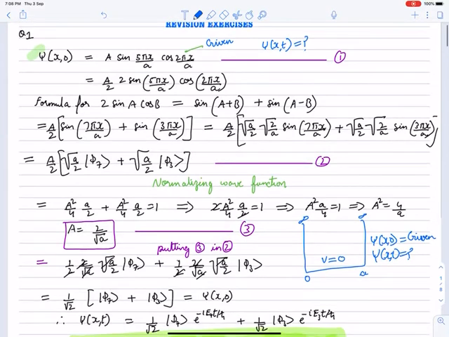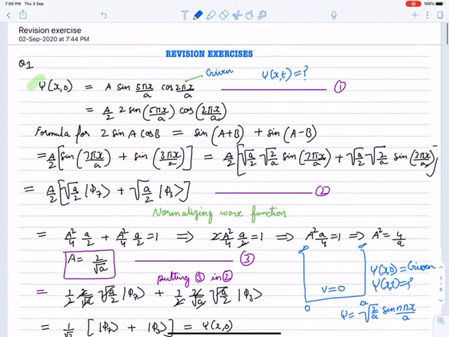We know that the wave function of this is given by under root 2 upon a sine n pi x by a. This is the known wave function.